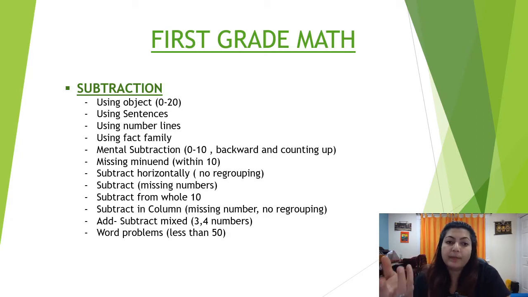And they also do subtracting from whole 10. And there is no regrouping at this level, but they do some mixed numbers, like say they will give you 4 numbers including plus and minus, like 3 plus 2 minus 1 plus 3, like that, a whole equation up to 4 numbers.